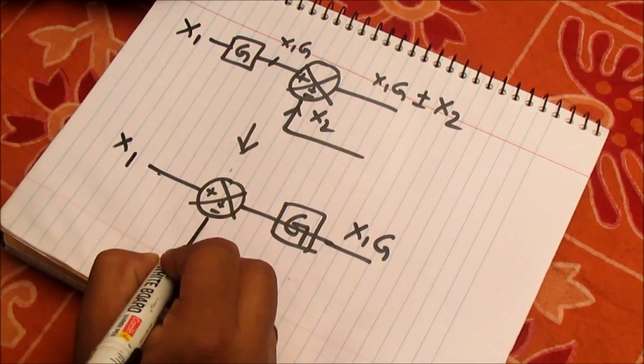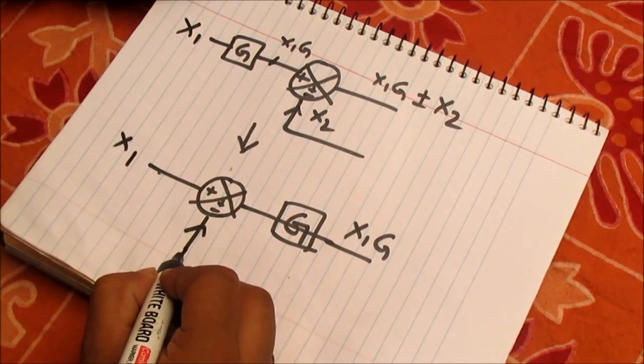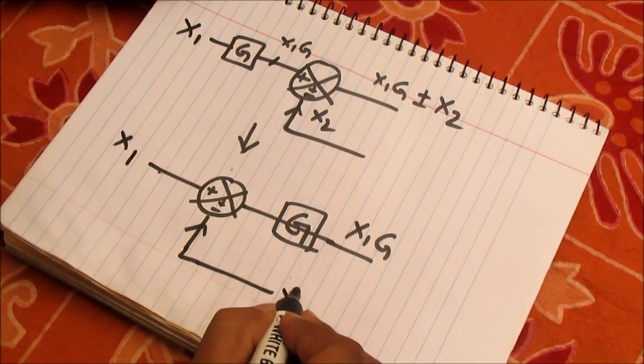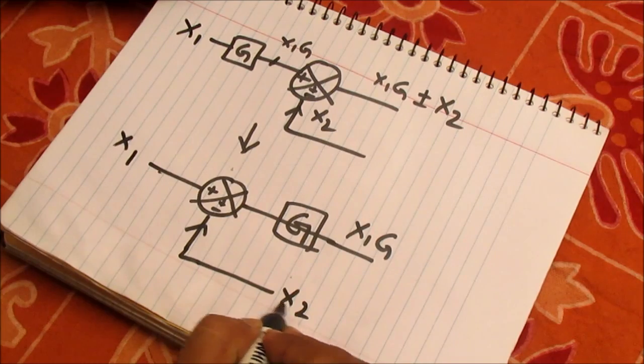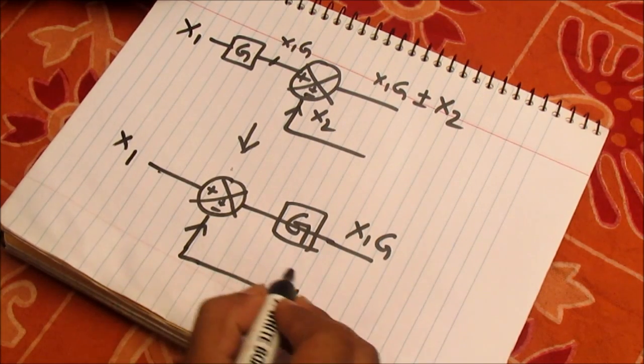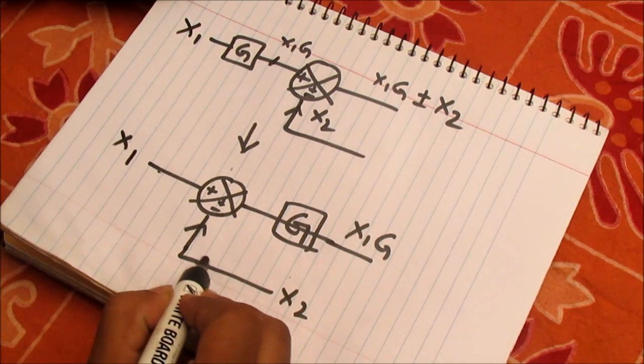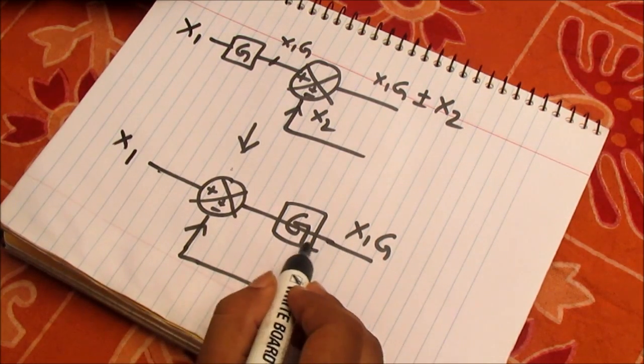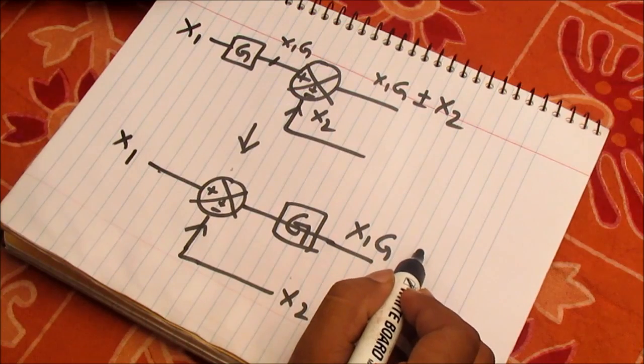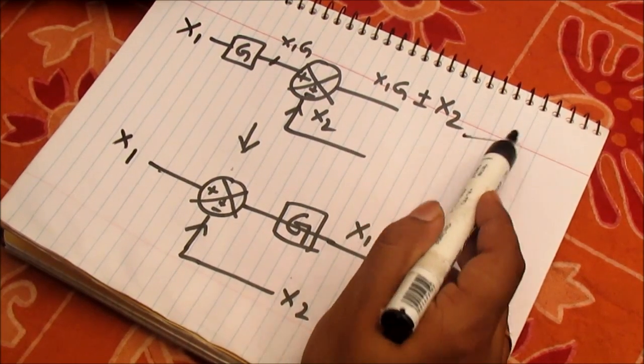Now I have another input here, x2, but the problem is here I am getting x1g, and here I am getting gx2, plus minus gx2, and it will be different from this output.